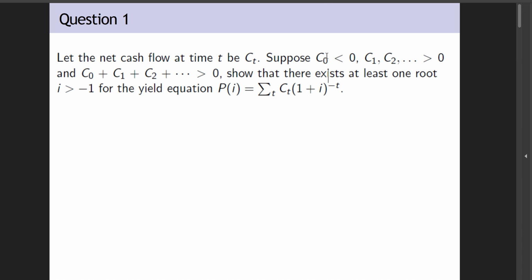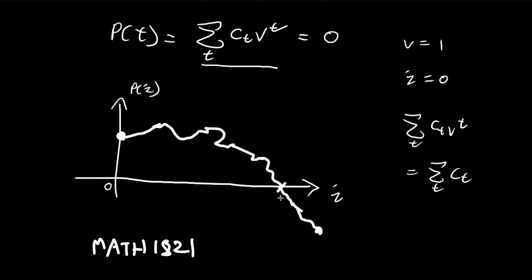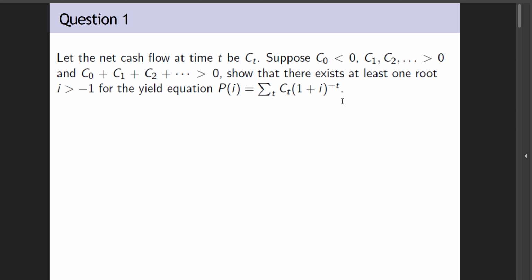So this is like a model of the cash flow of a business project. Under these conditions, we can always find an I, and in that case, the I would be the rate of return for that particular business venture. So this is like a theoretical treatment of this kind of cash flow modeling. This is the significance of this problem.